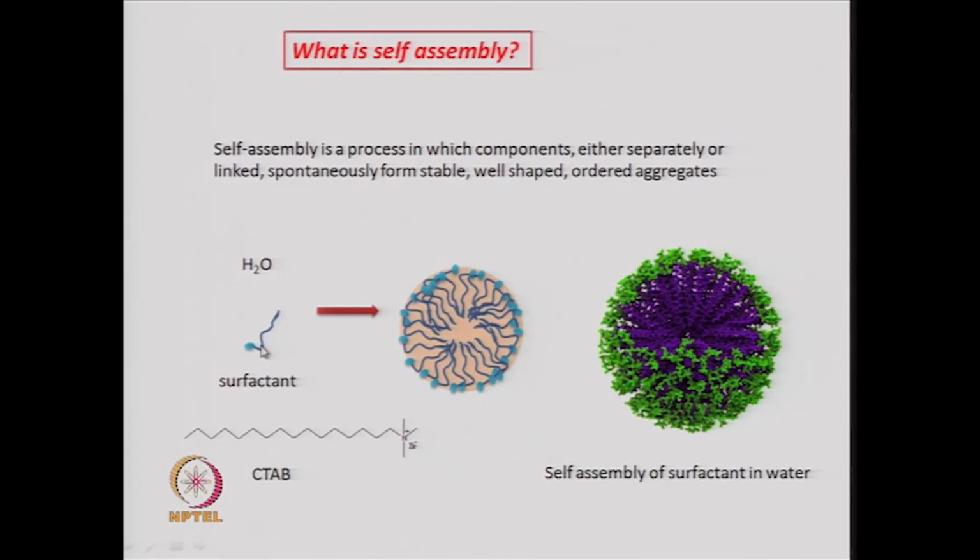A surfactant molecule, as you know, is typically a long chain hydrocarbon made up of carbon-carbon bonds and has a polar head group, which here is shown as a nitrogen atom with a positive charge. So, it may be a trimethyl ammonium ion or an ethyl ammonium ion, and this kind of structure which has a polar head group and a non-polar chain is typically called a surfactant and is shown by a structure where you have the head group and the long tail.